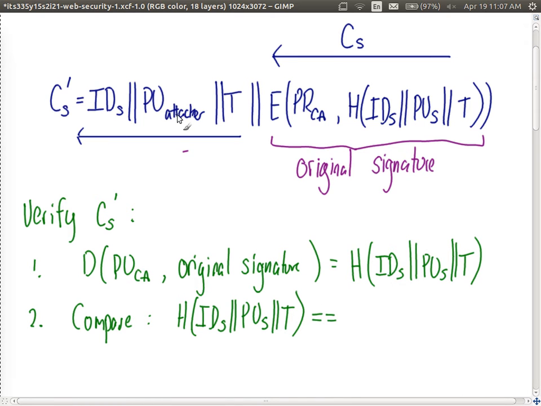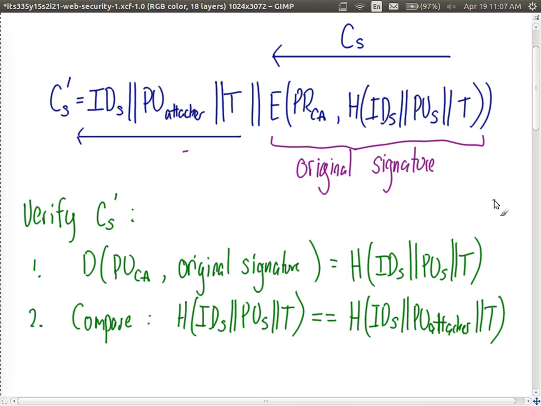IDS, PU attacker, and the timestamp. That is, decrypt the signature, get this hash value, compare that hash value with the hash of the first parts in the certificate, the content.